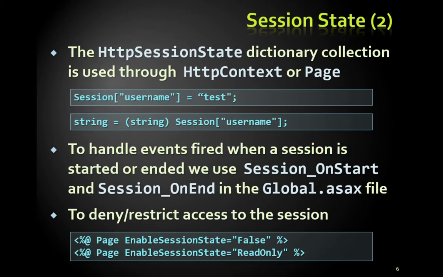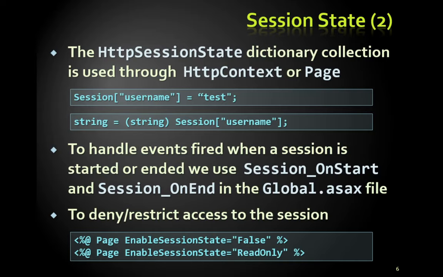If you want some global events, like whenever the session is started you want to perform a certain action, and whenever the session ends you want to perform a certain action, we don't know in which page the session will be started if I have multiple codes in multiple pages. So in that case we can use the global application class, called global.asax, where we have events like Session_Start and Session_End. Fine.